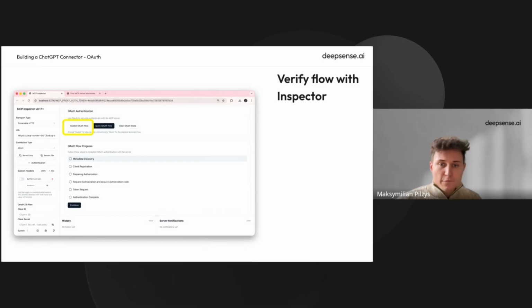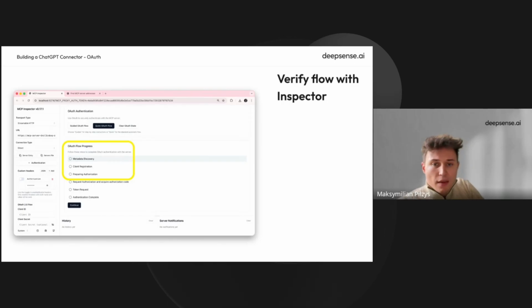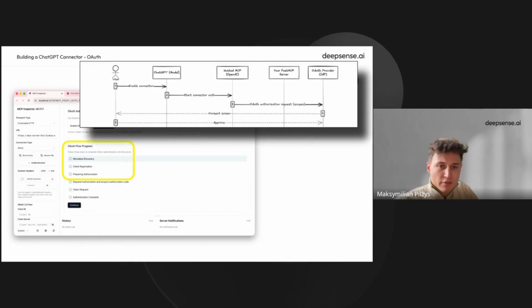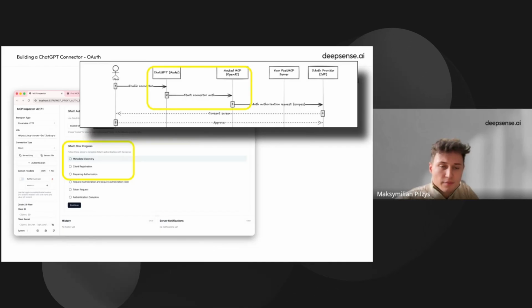First, we have to initiate the discovery. These first three steps will tell the client how to actually authenticate with our server. Then we need to trigger the authentication. As we can see, the first part, which is initiating the discovery, is performed. Then we proceed to request authorization.